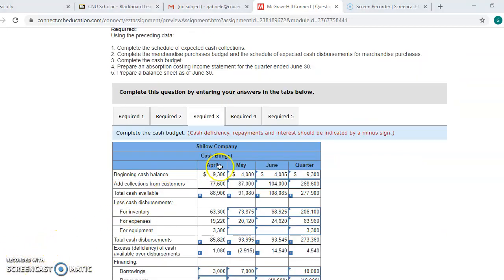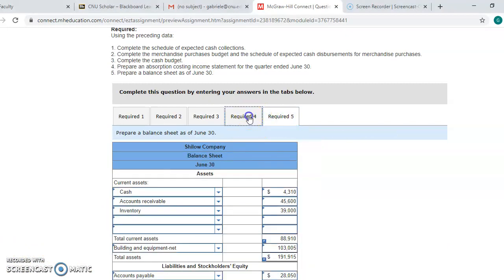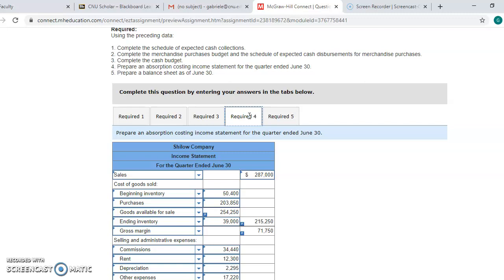The next question was with respect to the income statement and cost of goods sold. Cost of goods sold is calculated as beginning inventory plus the purchases, that gives you available for sale, minus your ending inventory, that gives you your cost of goods sold.